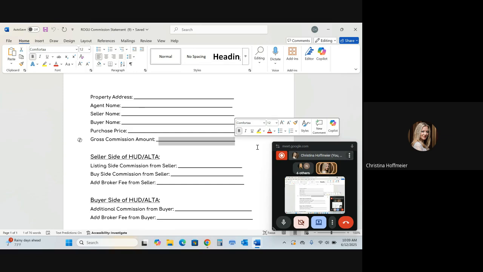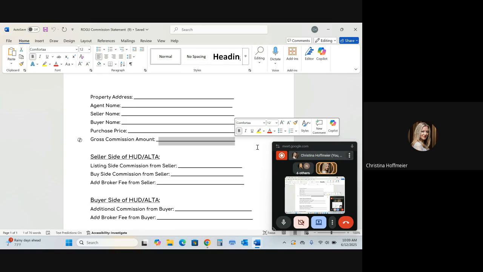Now, if you represent the buyer and not the seller, and let's say the same scenario is going on, you have a $100,000 contract, and on page 2, paragraph 3, you put in 3% commission to be paid to you as the buyer's agent on behalf of your client. So that's $3,000. And let's say you have a BAC with your client that says they're going to pay 4% total.